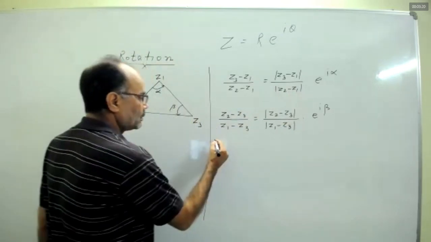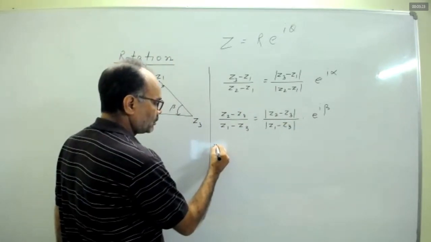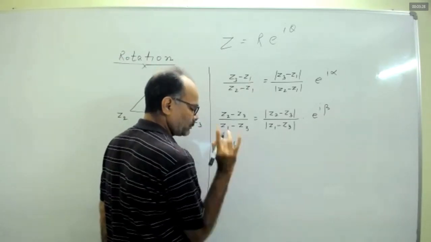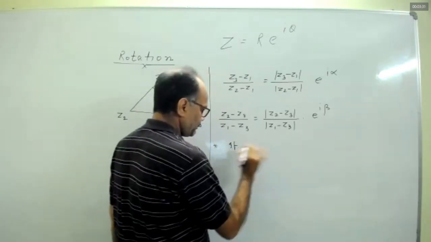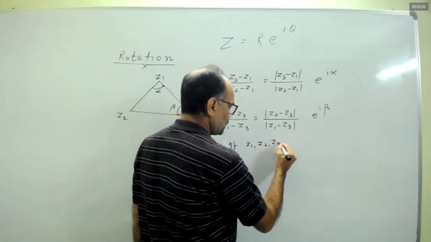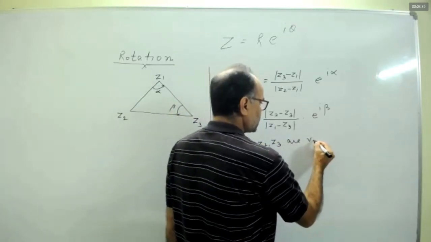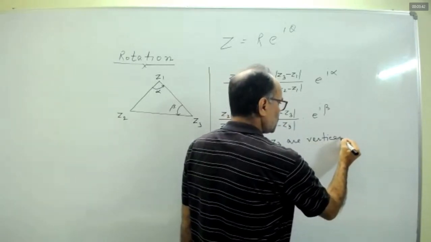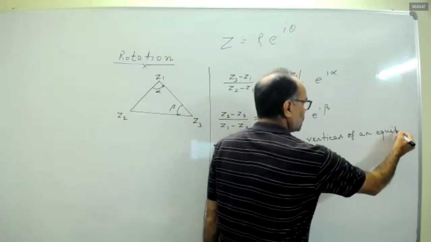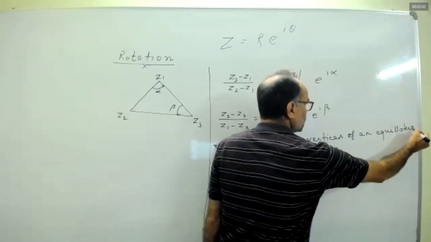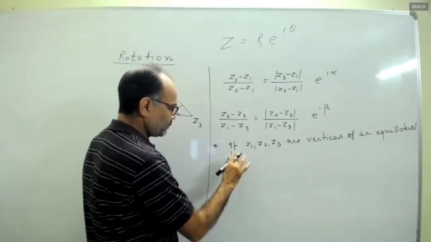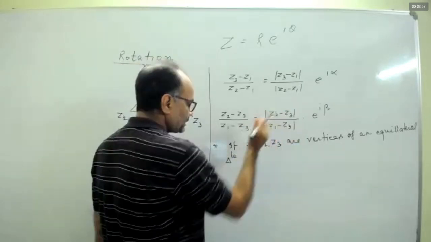Now, writing one result. If Z1, Z2, Z3 are vertices of an equilateral triangle, I think we have already done it, I repeat it. The magnitudes, these lengths of the triangle, will be the same.